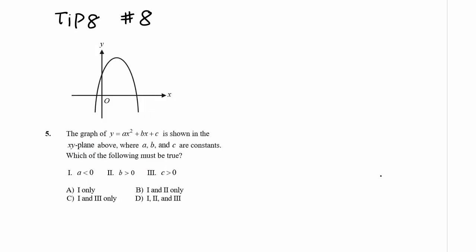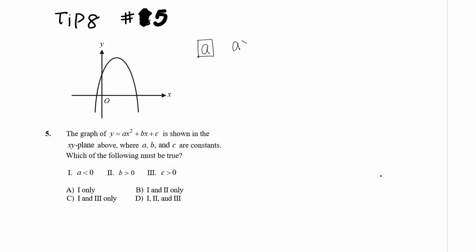The next question is tip 8, number 5. We have a graph over here, y equals ax squared plus bx plus c, where a, b, c are constants. Which of the following is true? Now what is a in the equation? a is the leading coefficient.